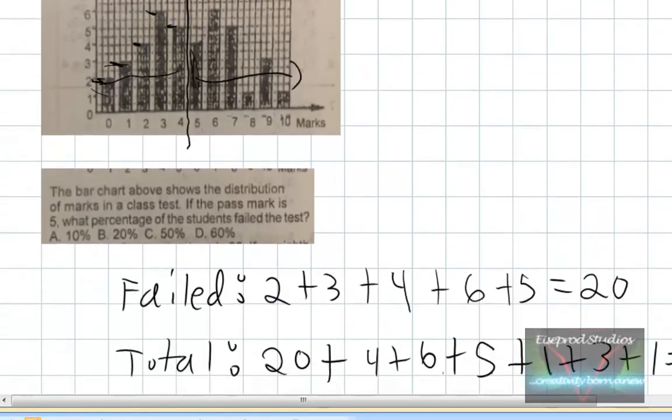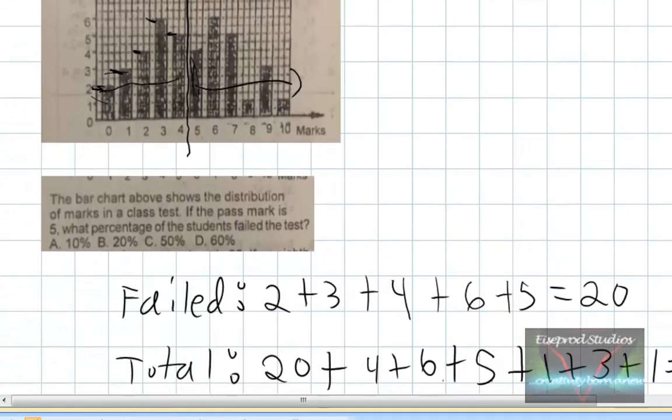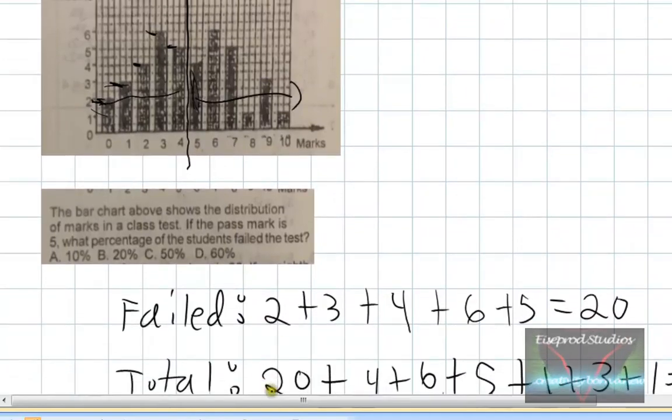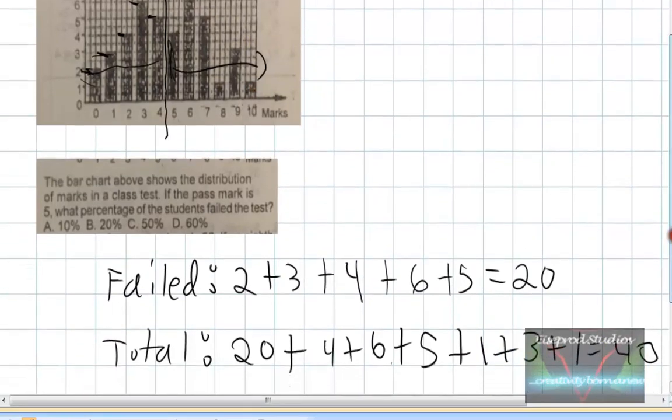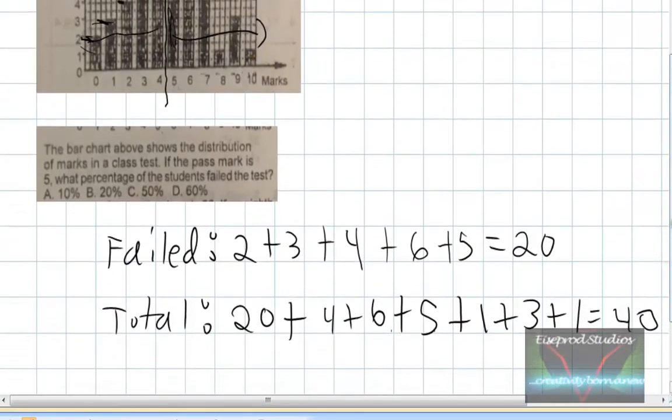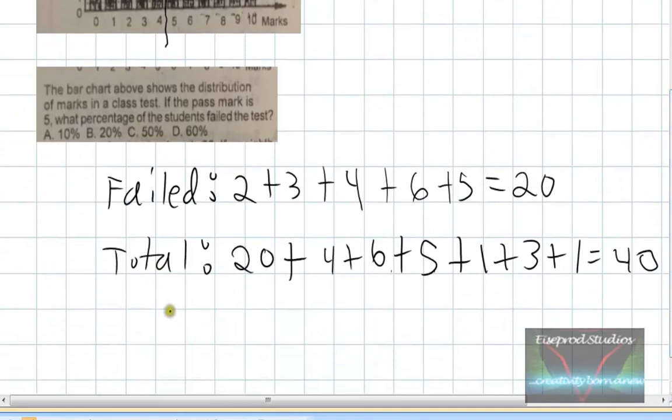But I also need to know the total so I can know the percentage. So the total is going to be those first 20 that I already counted, plus another 4, 6, 5, 1, 3, and 1, which adds up to be 40. So now, in order to get our percentage, we need to do 20 out of 40. This could be a fairly simple process. You could look at it and say, well, that's 1/2.